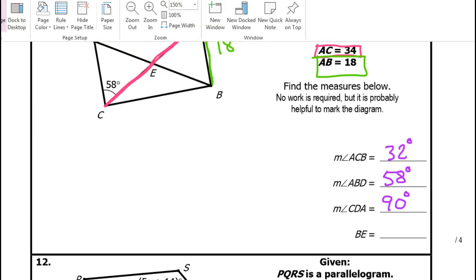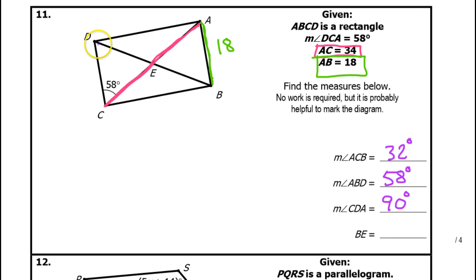In a rectangle, the diagonals are going to be congruent. So this red diagonal is going to be the same length as this purple diagonal. The red and purple are equal. So if the red is 34, that means the purple is also 34.